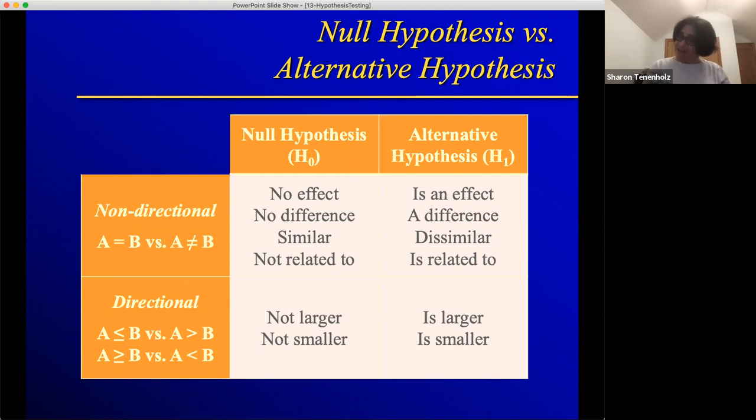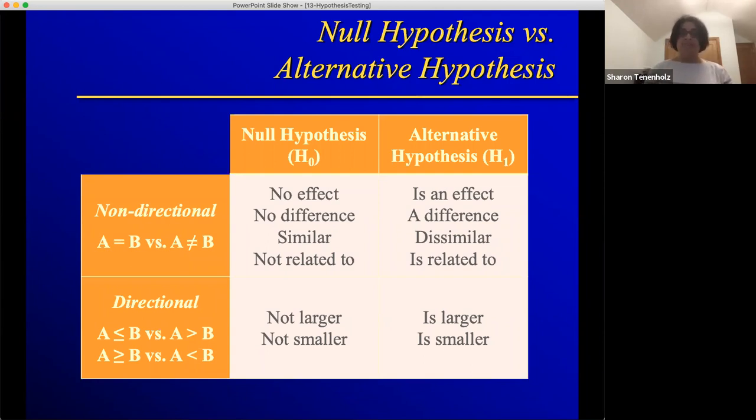We're actually not predicting a direction here, just that there is versus is not a relationship. So those are all non-directional hypotheses. The null hypothesis predicts that there is nothing whatsoever going on, and the alternative hypothesis says that there is something interesting to see.